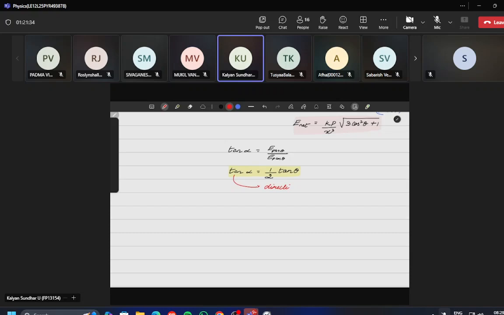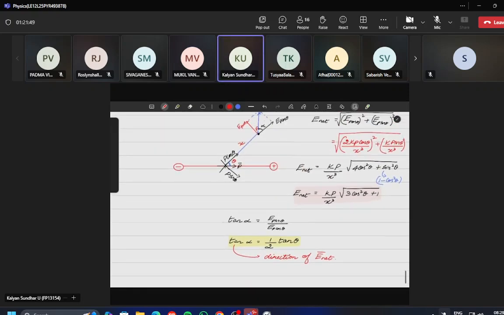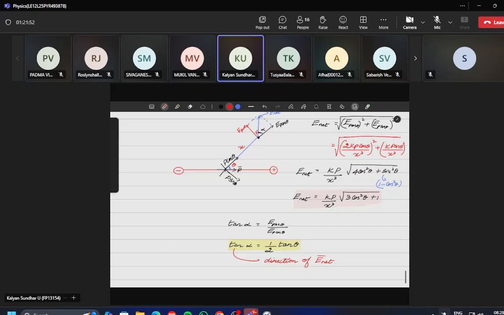So this is all based on your electric dipole. Axial is done, equatorial is done. This is at any point.